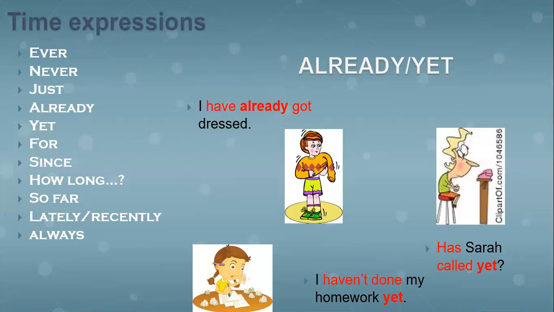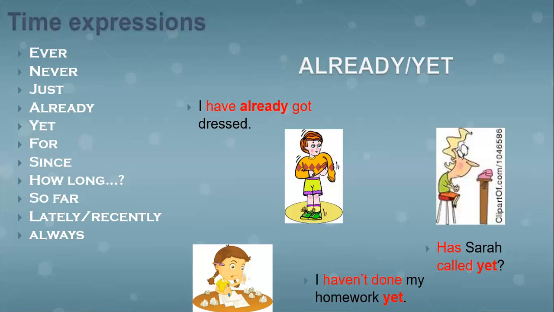So if something happened not a long while ago, like perhaps yesterday or a couple of days ago, and it still has a result, how do I put it in an expression? I say, I have been to the cinema recently. I have been to the cinema a lot lately. Like every week, I go to the cinema. So I have been to the cinema a lot lately.